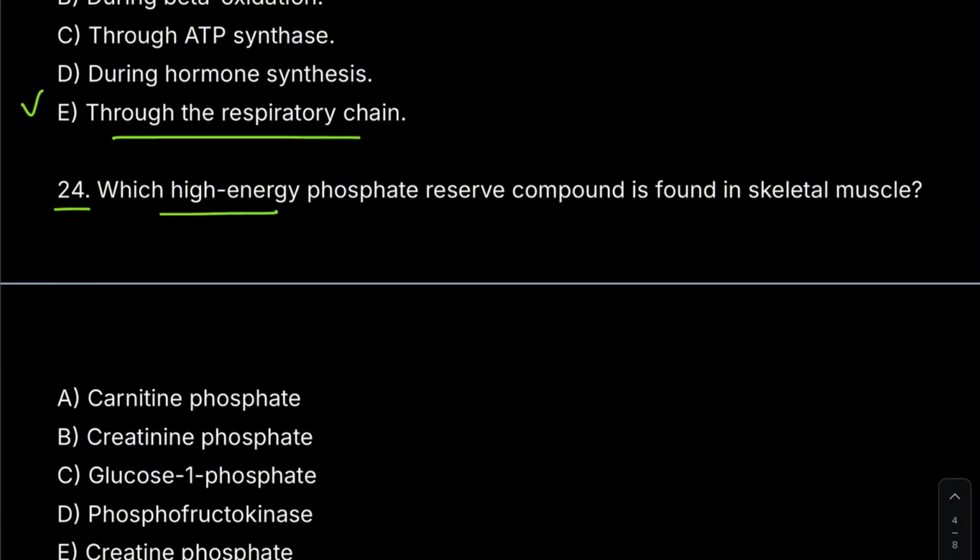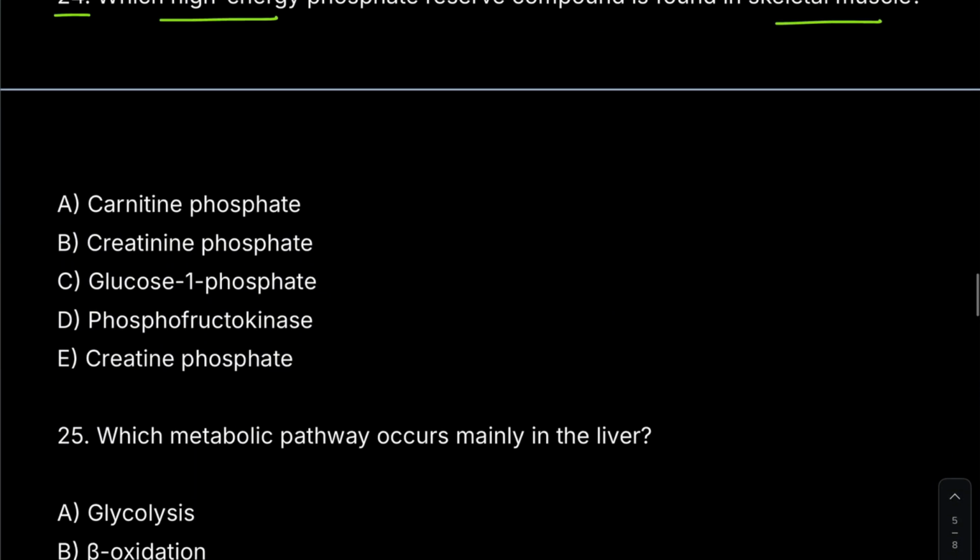So, question number 24. Which high-energy phosphate reserve compound is found in skeletal muscle? The correct answer is creatine phosphate. Creatine phosphate serves as the muscle's rapid energy reserve.